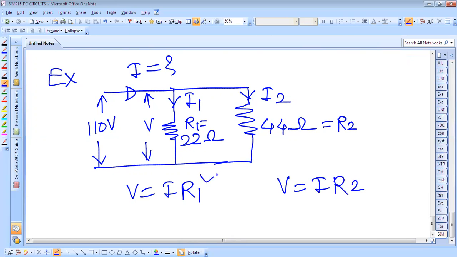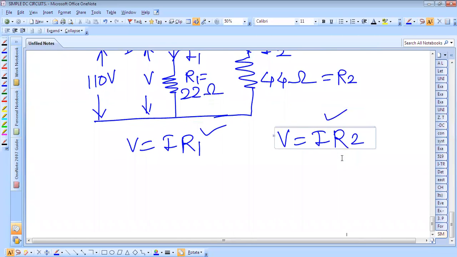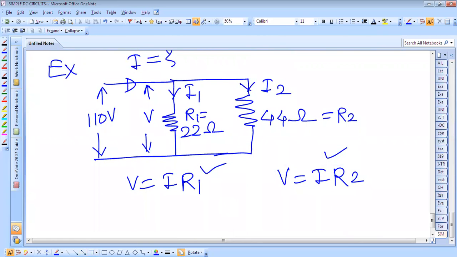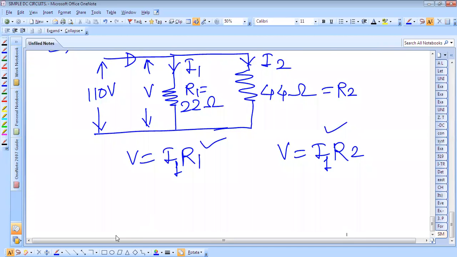From this relationship we can calculate the currents, giving the notations I1 and I2 because different currents flow.